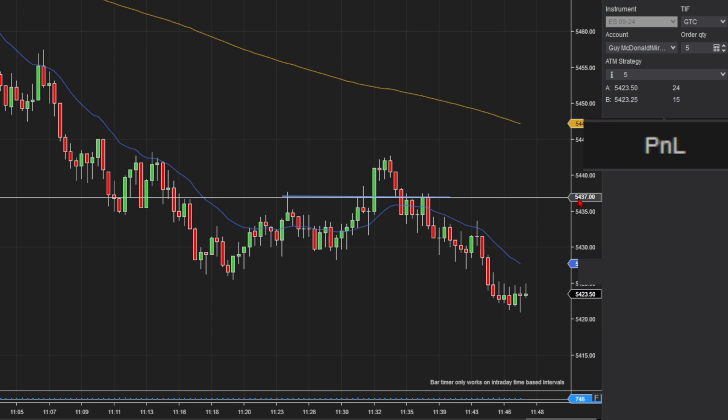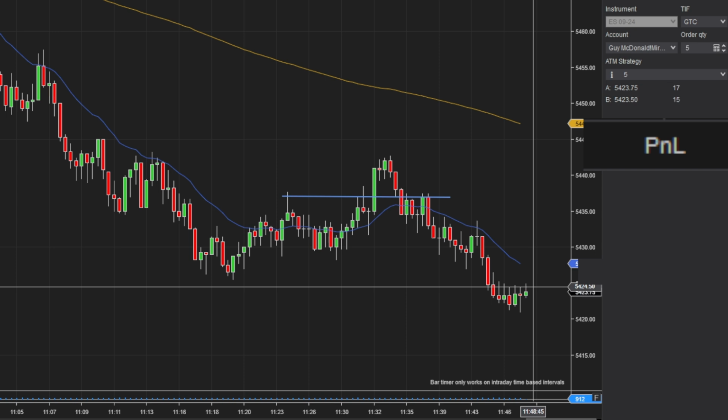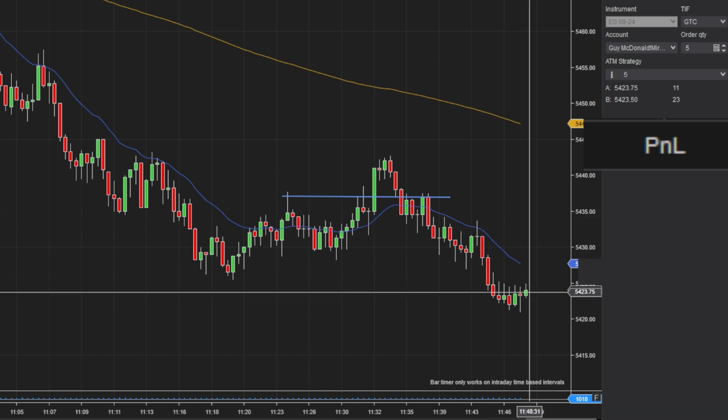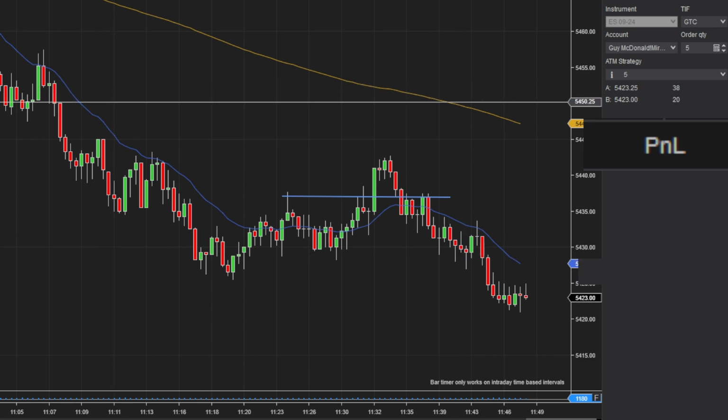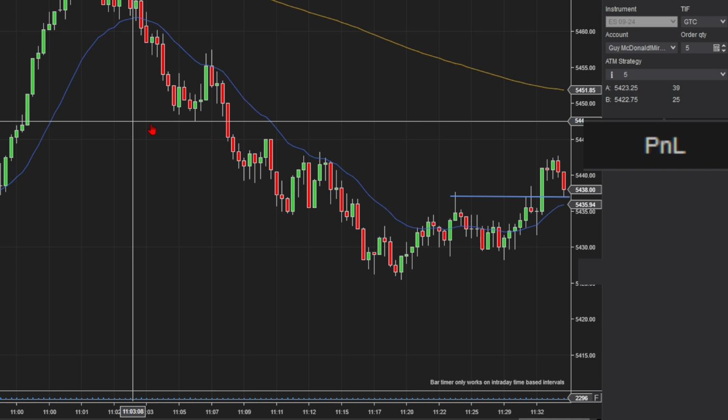Stop filled. All right, so stop got filled there, but still made a decent profit, and I think that's a good example of how to trade the trend, right?